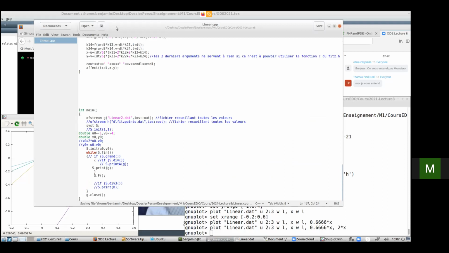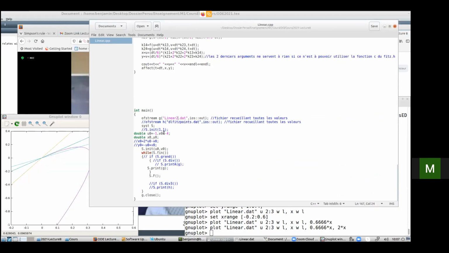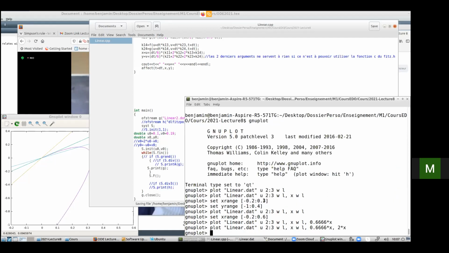I'm going to choose 0.1, and for example here, 0. And I'm going to run that.